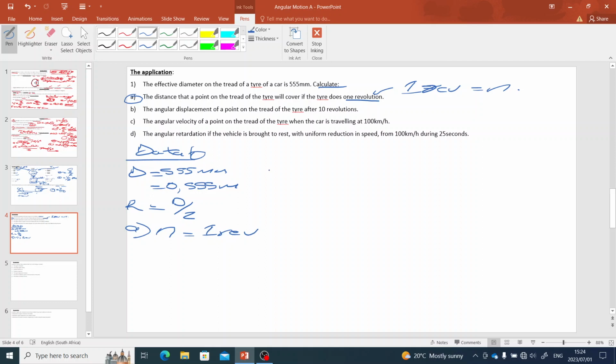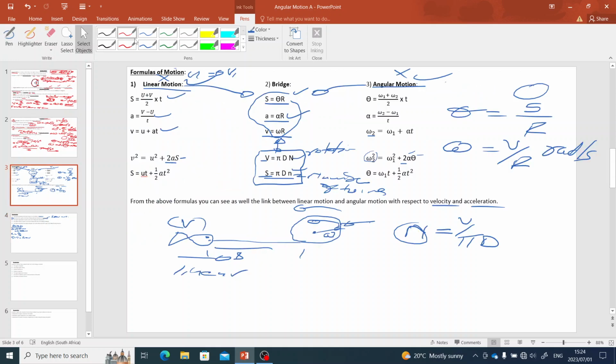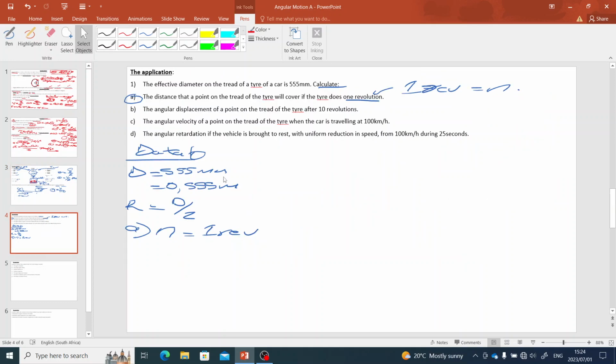Now in calculating the distance, we will be using those bridge formulas. In particular, we will be using this formula because they want us to calculate the distance. The only things that we have are the diameter and the n. Then we are able to get the distance that they are looking for.